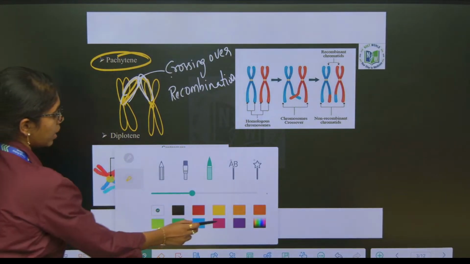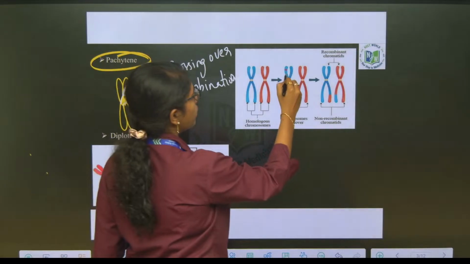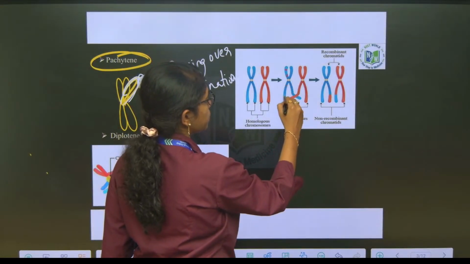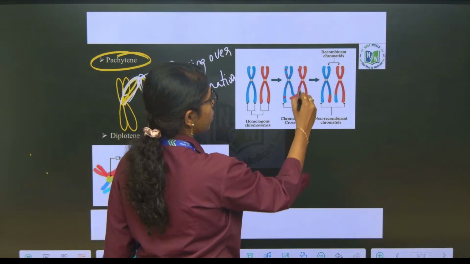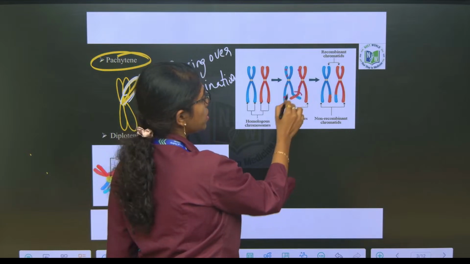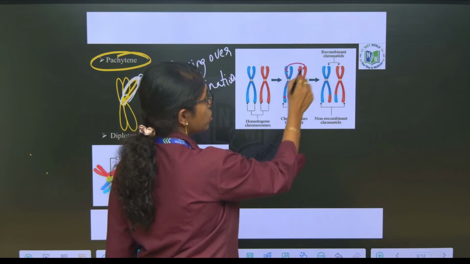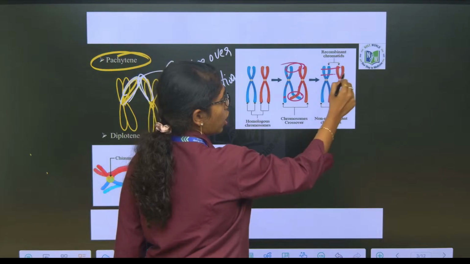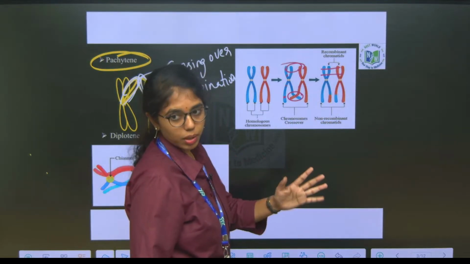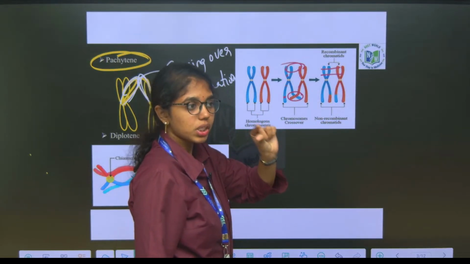For example, here you see, let us assume here we have again 4 genes. Crossing over between these two is easy, but crossing over between these two is not possible because the distance between the genes is less.